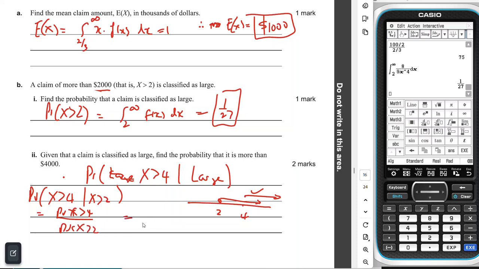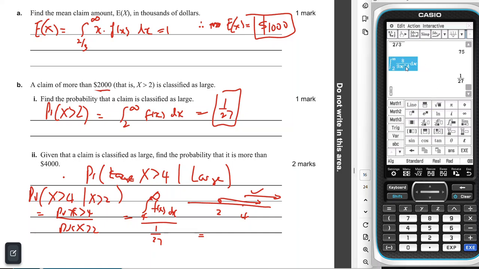So it's going to be the integral from 4 to infinity of f of x dx over 1 on 27. Let's put that in the denominator and make that 4 in the numerator. That's going to equal 1 on 8.